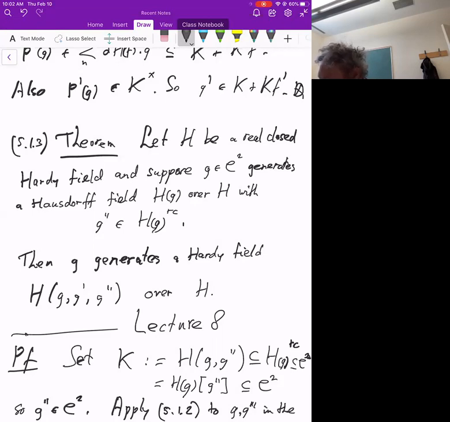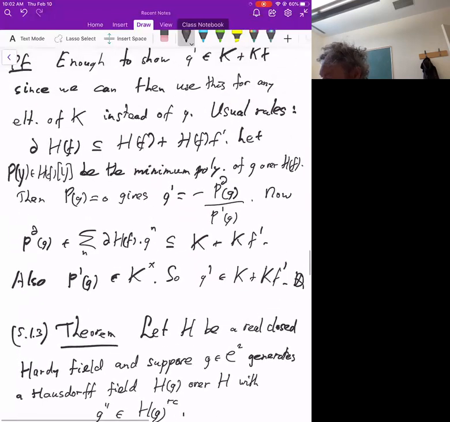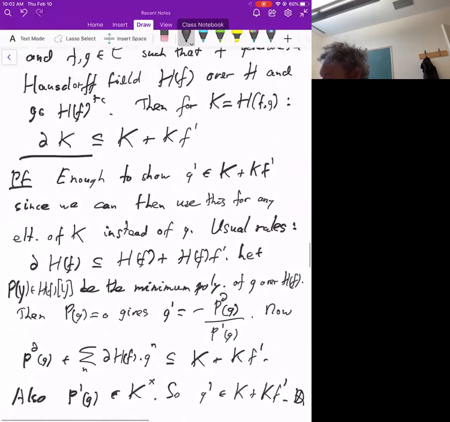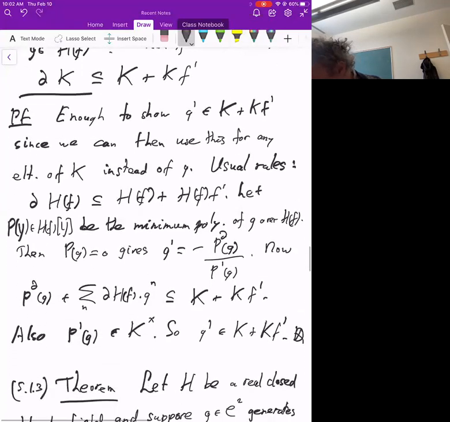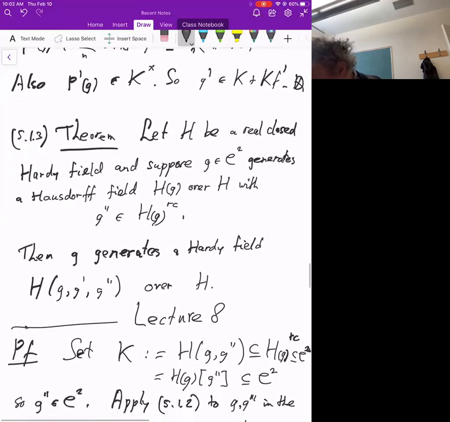My guess is that of course you would need some kind of replacement for this lemma too, right? This uses polynomial algebra, and minimum polynomials, and you would have to replace this by a somewhat different argument.